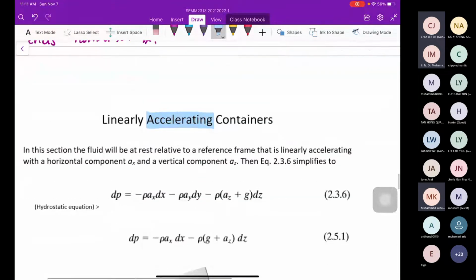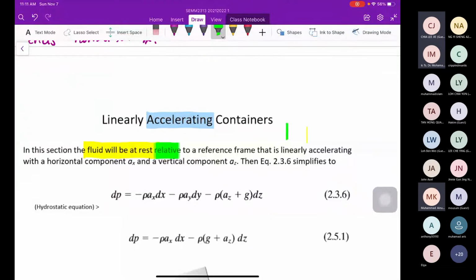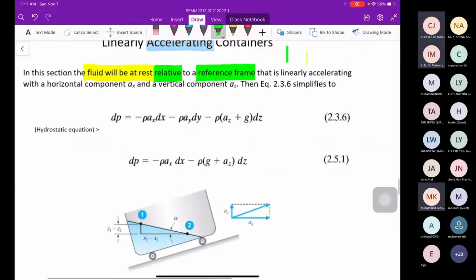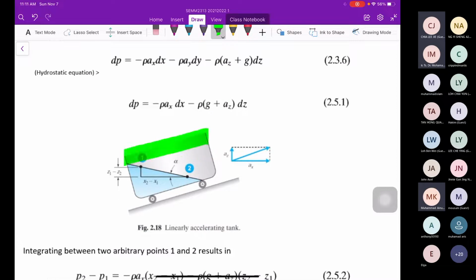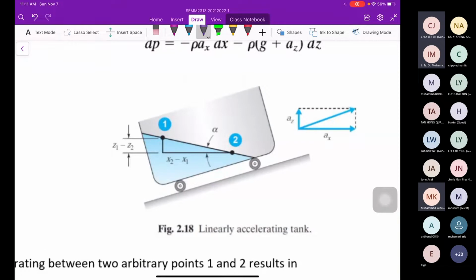Alright, you can see these definitions. The fluid will be at rest, relative. The very important word, relative. Reference frame. That means when we solve it, we must have the reference frame. So even though this bucket keeps moving to the right with the acceleration value, this liquid in the container is at rest.